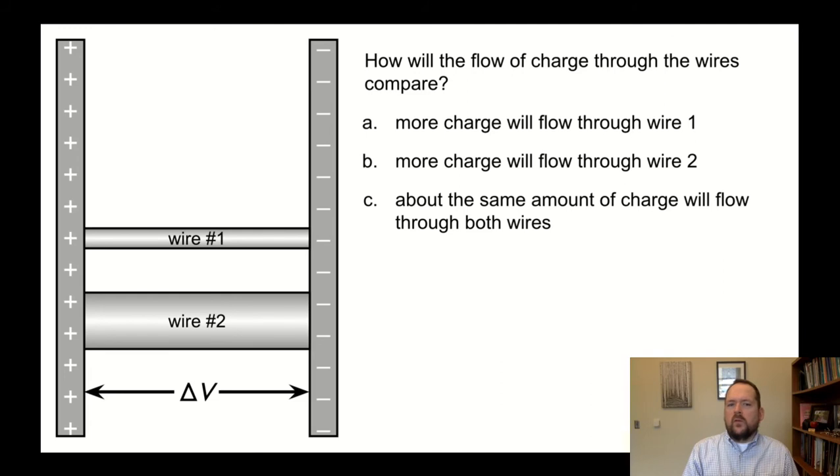If your intuition tells you that more charge will flow through wire 2, you would be correct. When we study this, we do indeed get more current through a thicker wire. Again, I find it helpful to think about this in a traffic analogy: a 1-lane road versus a 4-lane highway, you're going to get more traffic on the 4-lane highway per time than you will through that 1-lane road.